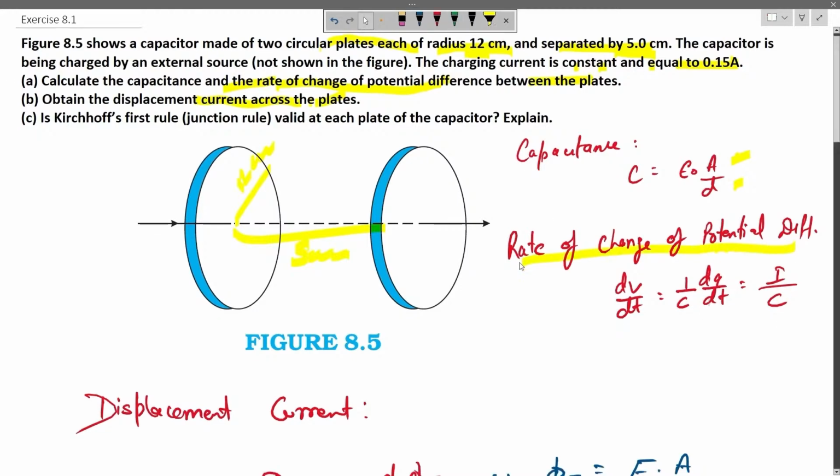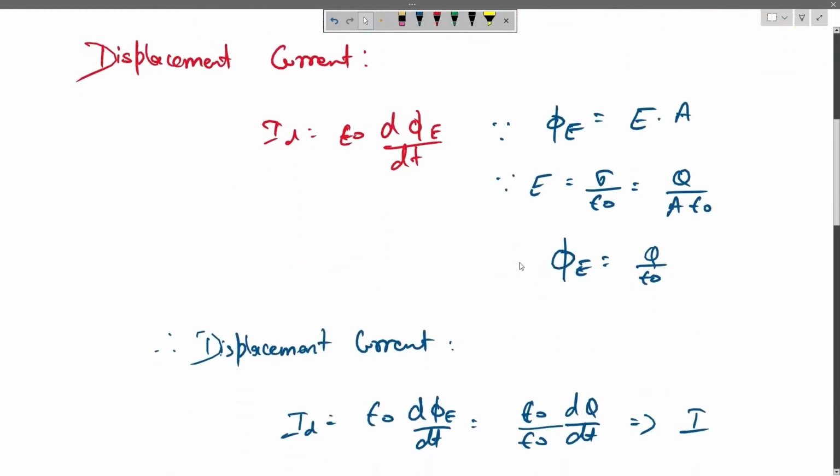Now let's find the expression for displacement current. Displacement current is defined as epsilon naught d phi E by dt, the rate of change of flux, and flux is defined as E dot A, the dot product of electric field and the area vector. Now E is defined as sigma by epsilon naught, where sigma is the charge density of the plate, so we can write it as Q by A. If we find the flux, then A will get cancelled out, so flux would be Q by epsilon naught.